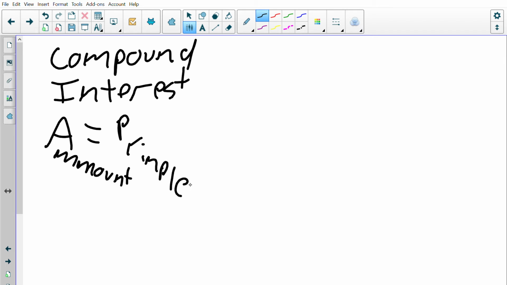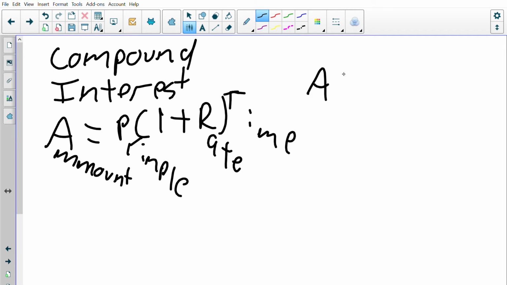So that means how much money we're going to put in times 1 plus our rate over time. So our equation is A equals P times (1 + r)^t.